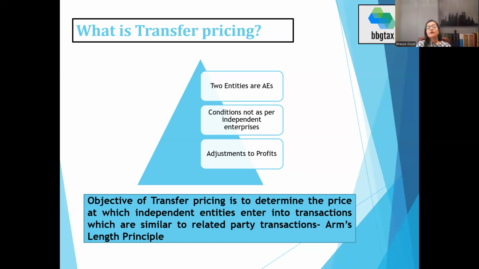And therefore, this whole concept of arm's length principle and transfer pricing has been incorporated within the domain of income tax laws of different countries. The arm's length principle essentially means that suppose there are two related entities or associated enterprises which have some international transactions between them.